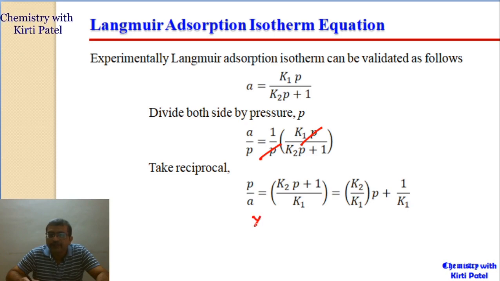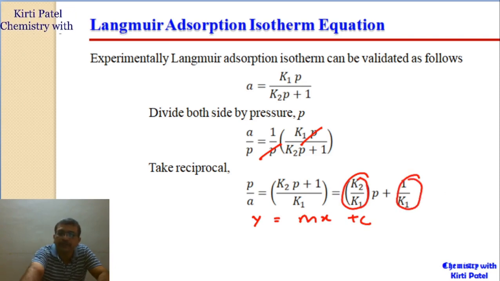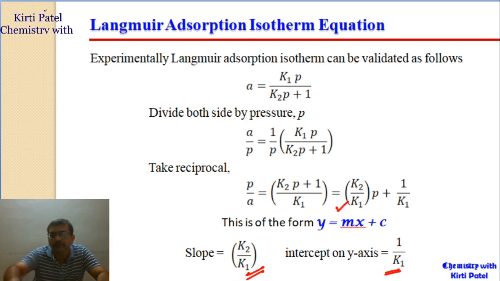This is of the type y equals mx plus c, where m is K2 upon K1 and c is 1 upon K1. So we will have a straight line graph. Slope will be equal to K2 upon K1, while the intercept on the y-axis will be 1 upon K1.